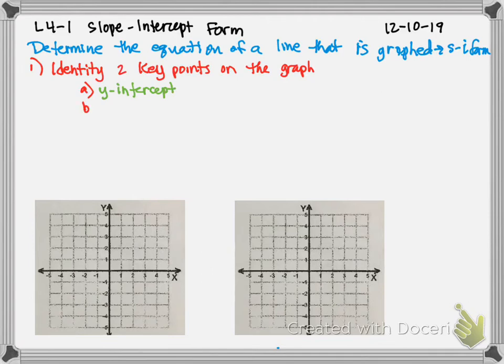The second is a point with integer values. So on the graph paper, it's going to be a point that actually intersects the lines of the graph paper, okay? I'll say integer coordinates.